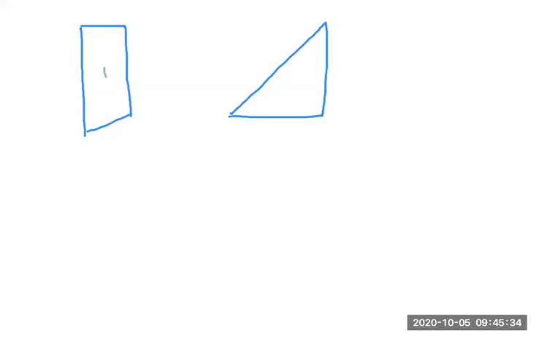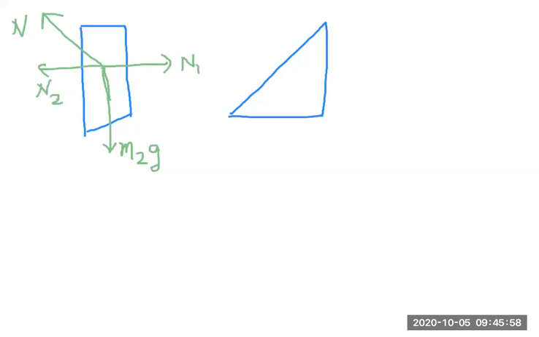So for this cylinder with the weird cutout surface, Earth is applying a force of M2G. The wedge surface is applying a normal reaction. The vertical wall is applying a normal reaction. And the other vertical wall is applying a normal reaction for which I do not know the values.